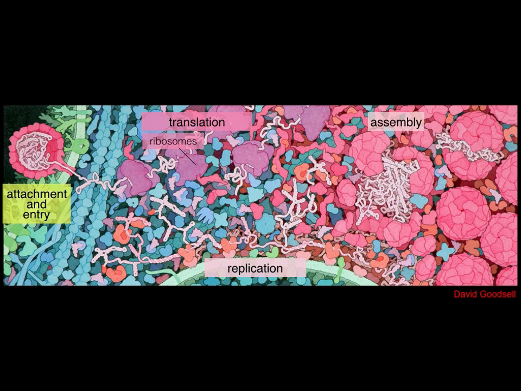So let's start by taking a look at the viral infection. What's going on here, we have a virion here in pink that has found a cell that it can infect. How does it know that it can infect that cell?